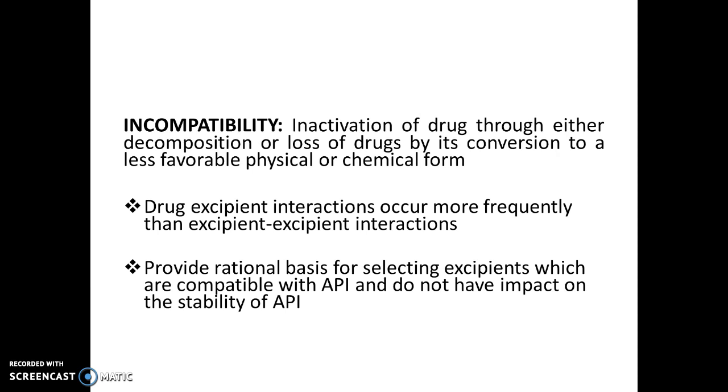It is the inactivation of drug through either decomposition or loss of drug by its conversion to a less favorable physical or chemical form. So here there is a loss of drug or there is a chance for degradation of the drug. Ultimately, it is going to affect the efficacy of the drug and bioavailability of the drug. Hence, we need to know the incompatibility that can arise between drug and excipients.